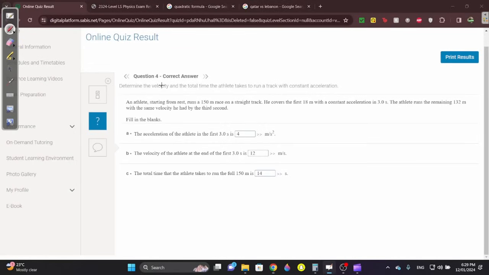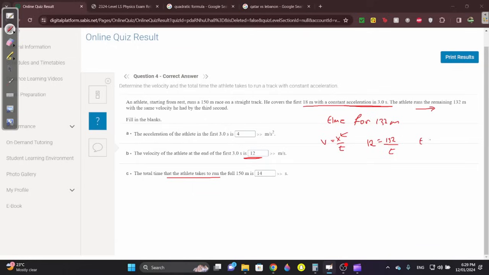For part C, we want the total time it takes the athlete to run the full 150 meters. We already ran 18 meters and it took us 3 seconds. So we have to find the time for the remaining 132 meters. We know that velocity equals displacement divided by time. The velocity for the remaining distance is 12 meters per second, so 12 equals the displacement, 132 meters, divided by time.